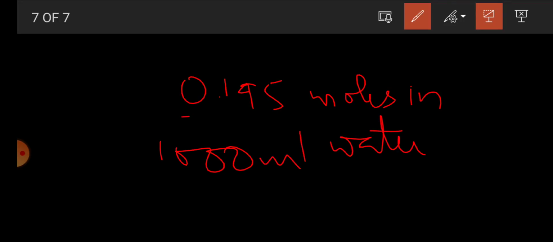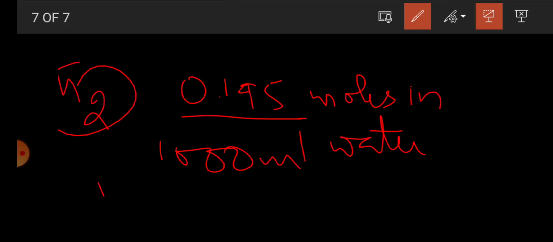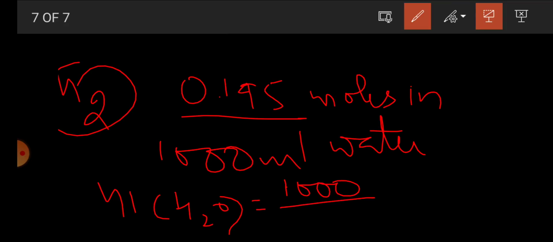So you have found the number of moles, N2, but you also have to find N1, the number of moles of water. Here the weight of the water is 1000, and the molar mass of water is 18, so N1 is 55.55.